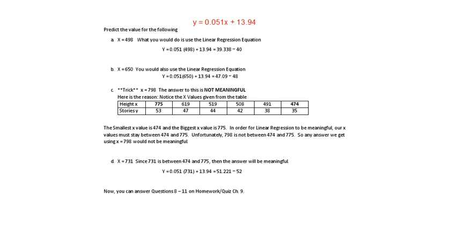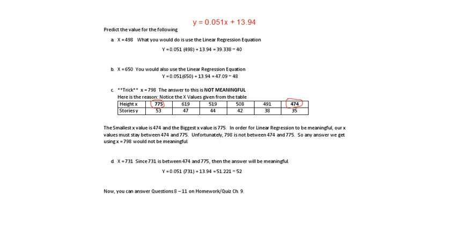Okay, part C, that's a trick. If you do x equals 798, it is not meaningful, and here's why. When you notice your data, if you notice in particular the x values, the biggest value is 775, and the smallest x value is 474. For linear regression to have meaning, you can only use x values that are between the highest and the lowest.